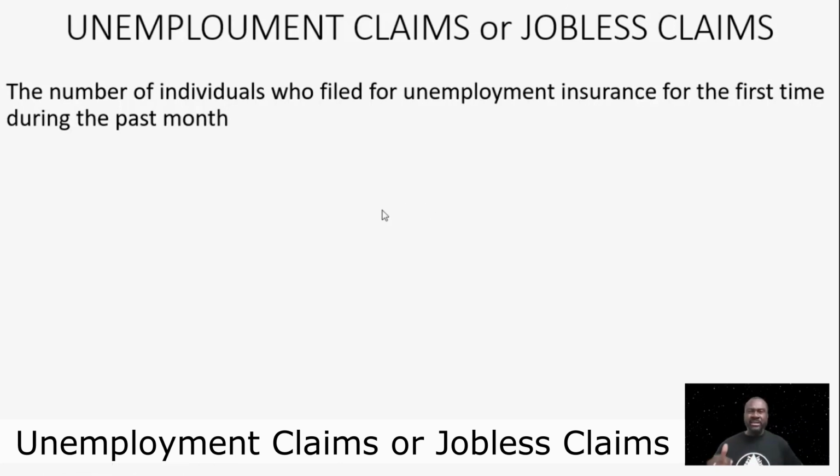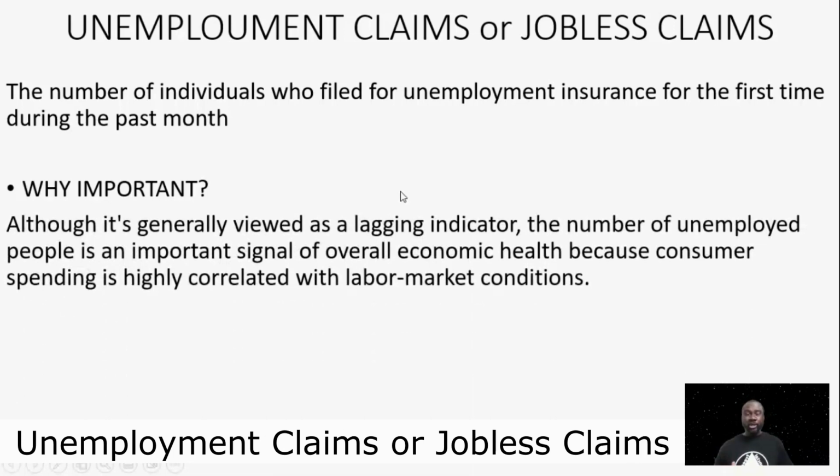When you look at the monthly numbers of the unemployment claim, you can understand what's going on. So why is it important? Although it is generally viewed as a lagging indicator, the number of unemployed people is an important signal of the economy, because consumer spending is highly correlated to labor conditions. We saw that when we were talking about the unemployment rate.